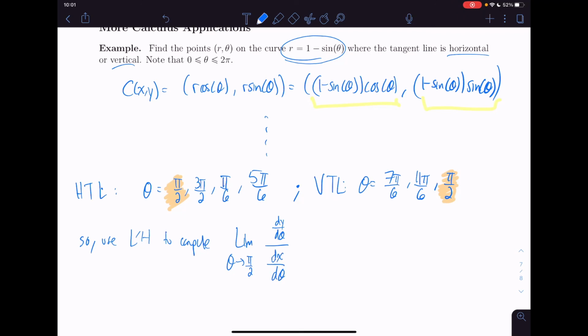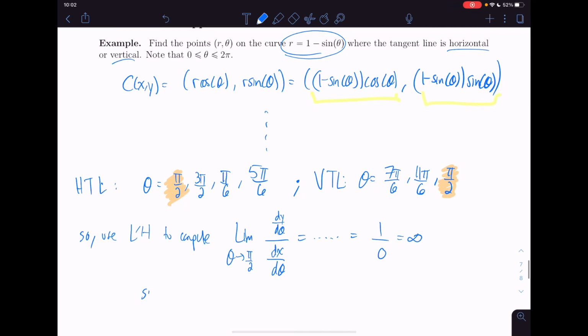If you go through this limit using L'Hopital's rule, you're going to end up getting infinity. Actually, if you use it once or twice, you end up getting something like 1 over 0, which is infinity. So theta equals pi over 2 is a vertical tangent line.